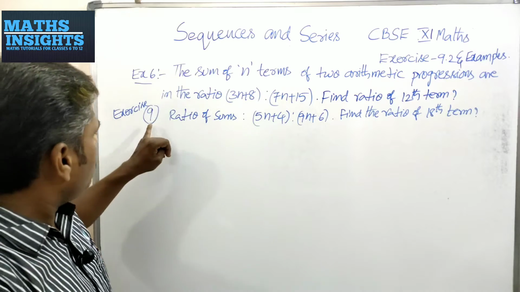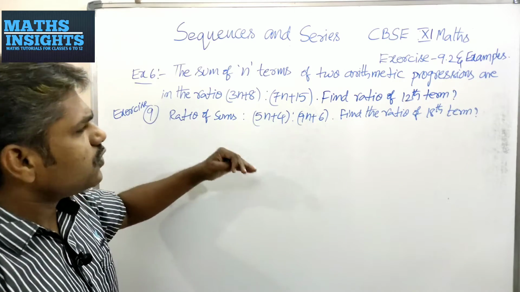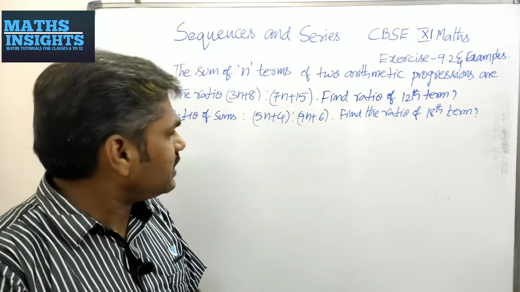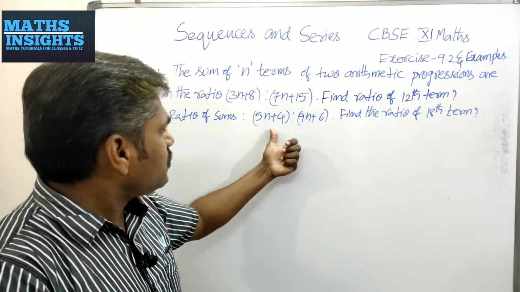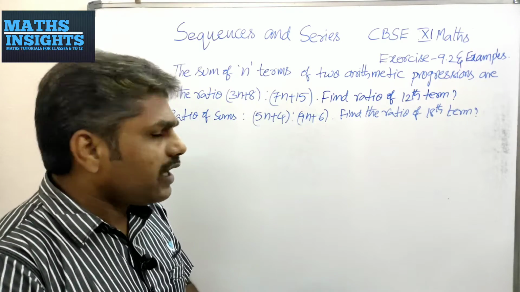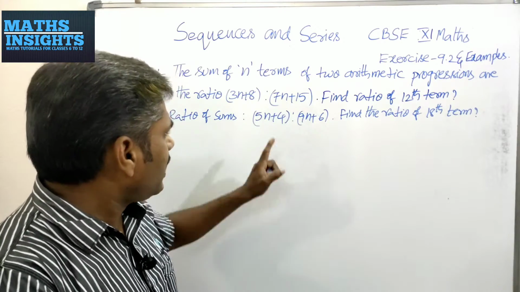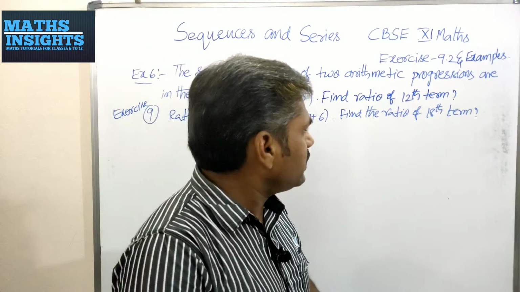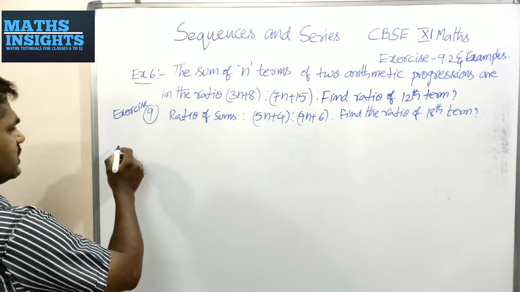Problem number 9 in the exercise is also of the same type. That's why I have written two problems at a time. Now I am solving this problem, then solve the example problem as your practice. I am taking this ratio and going to find the ratio of their 18th terms.